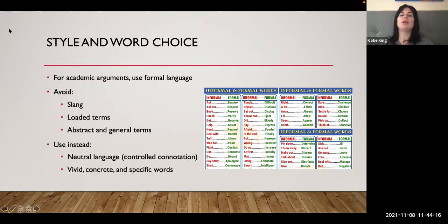Instead, you want to use neutral language that has a controlled connotation. Connotation and denotation are ways of defining words. Denotation means the literal dictionary definition, whereas connotation means all of the things emotional, contextual, etc., that we associate with a word, right? So, for example, the word extra.